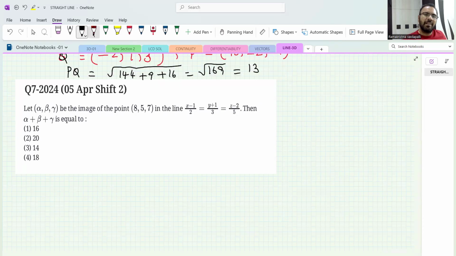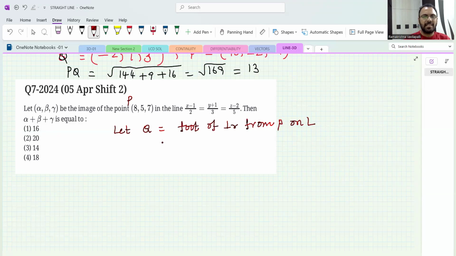Now we'll find out the foot of perpendicular. Assume that this point is P, and let Q be the foot of perpendicular from P on L. This is the general point on the line.